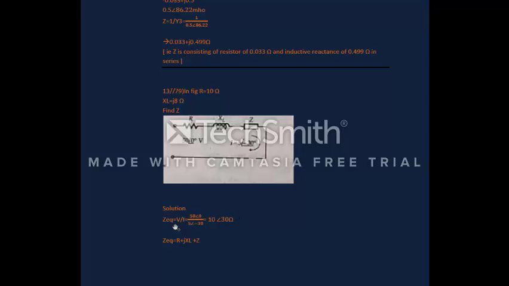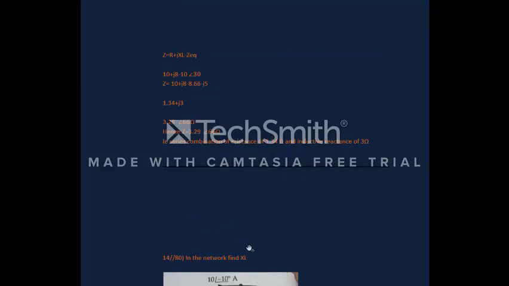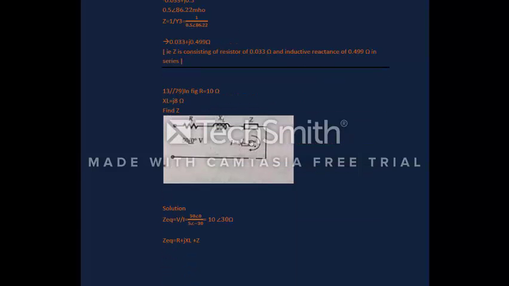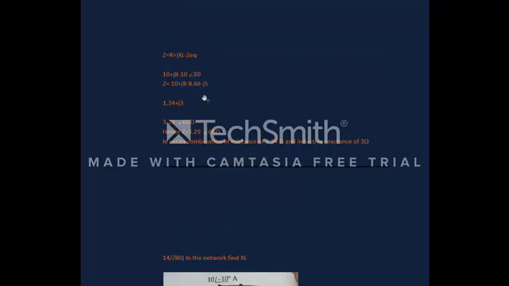So solution: Z equivalent is equal to V upon I, which is 50∠0° upon 5∠-30°, which turns out to be 10∠30° degrees. Z equivalent is equal to R plus jXL plus Z, so Z is equal to R plus jXL minus Z equivalent. So 10 plus j8 minus 10∠30°.